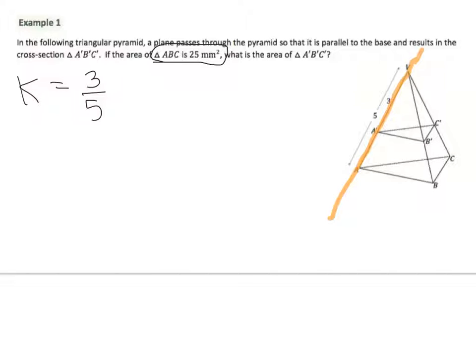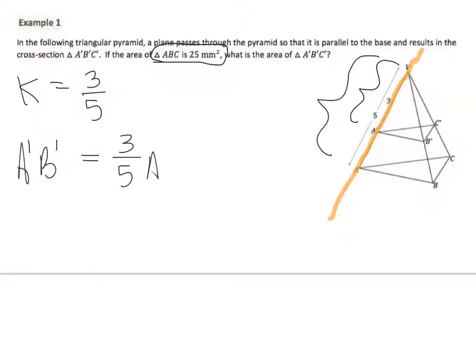Because if we look at VA prime, we're at 3. And VA, we're at 5. So our scale factor has to be 3 over 5. A dilation tells us that A prime, B prime is going to be 3/5 of AB, right? Since the cross-section is parallel to the base, we can say that all of our sides are parallel.